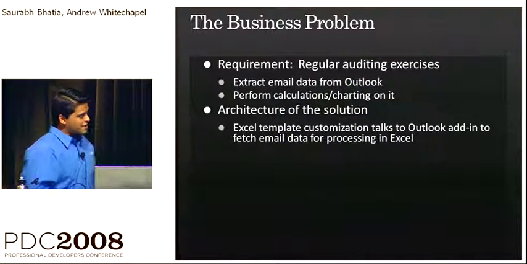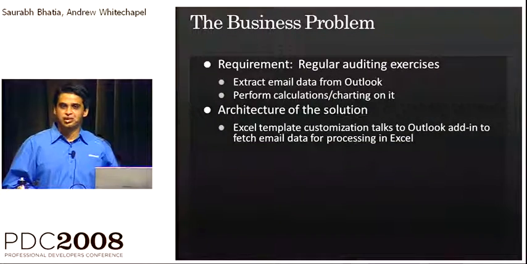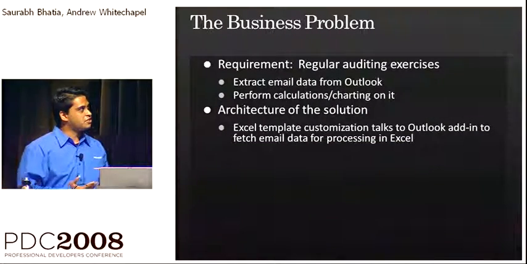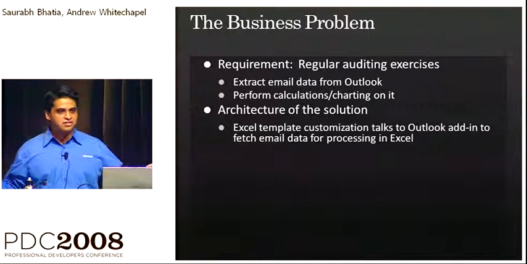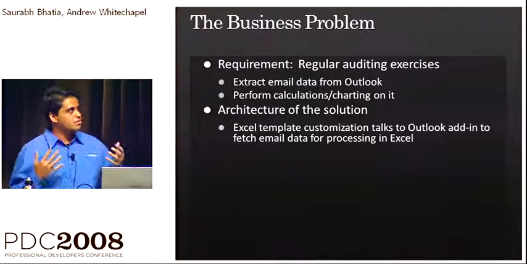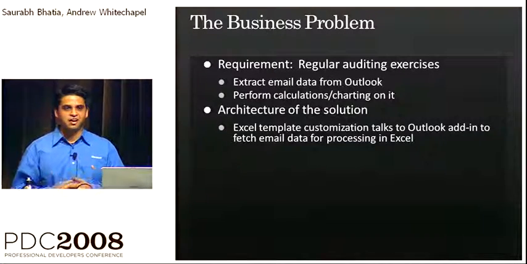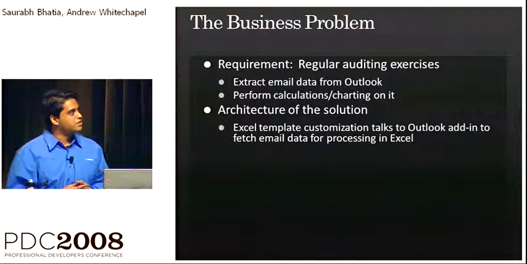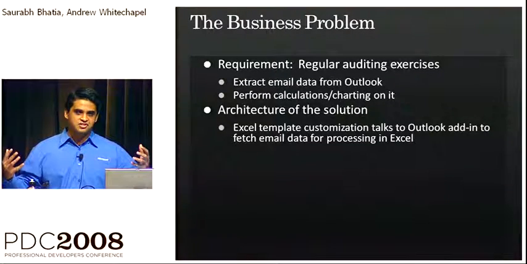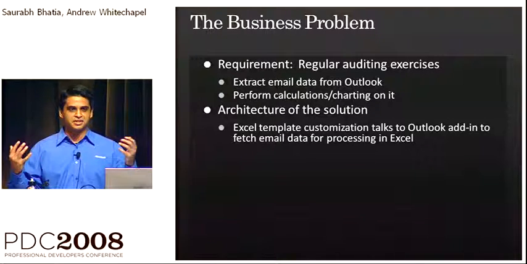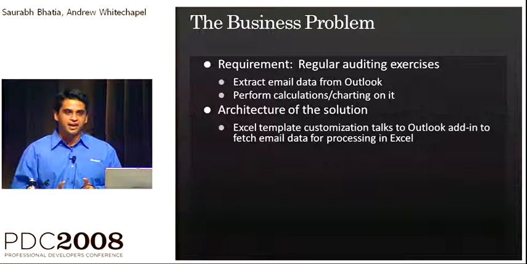Now, I said we're going to look at a sample business problem in order to run it through the deployment process. And what I've chosen is a very generic problem where you're an organization and you want to perform certain auditing tasks on a regular basis. This is a classic case for an Office business client customization. So you as a developer are working in an organization that wants to pull in data from a particular source and perform some calculations on that data.